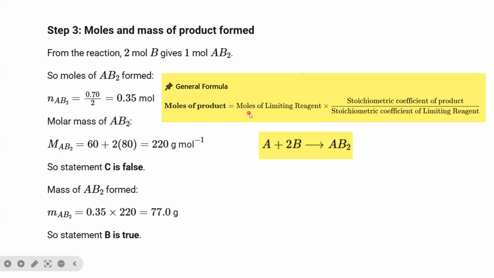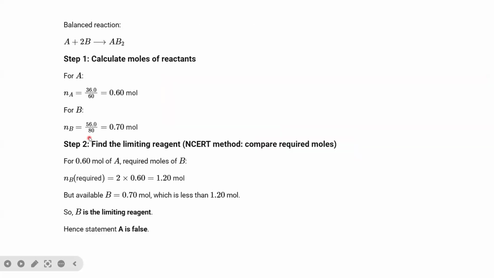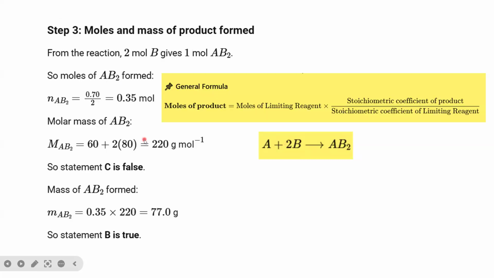The general formula is moles of limiting reagent into stoichiometric coefficient of the product divided by stoichiometric coefficient of limiting reagent. Here B is the limiting reagent. We found it already, right? In step 1, we have found it as 0.70 mole.